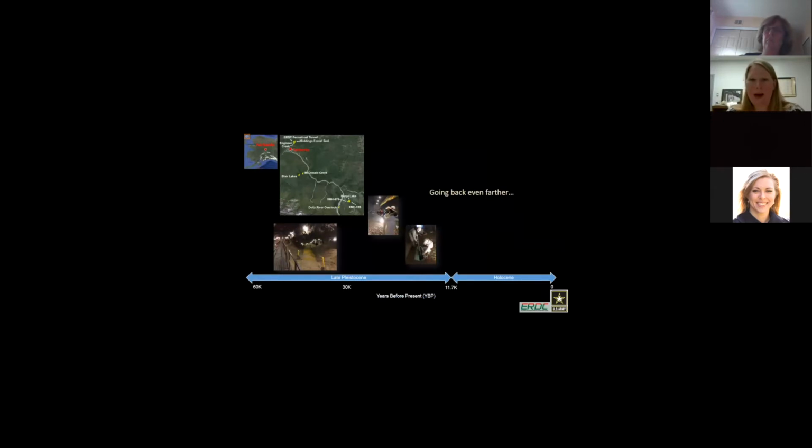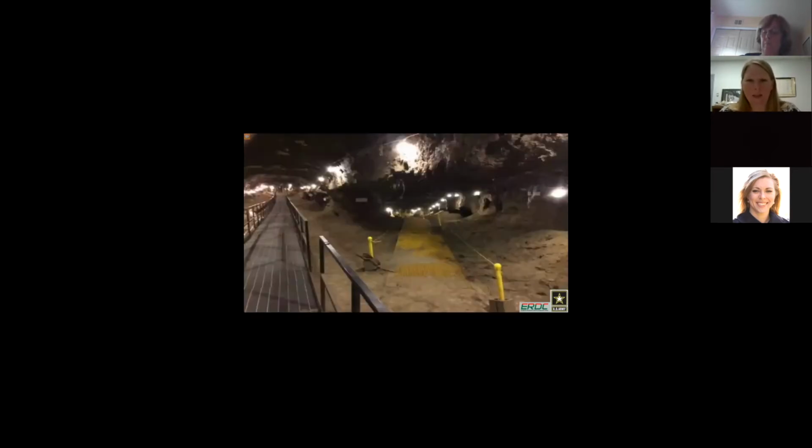So let's go back even farther into the late Pleistocene, and I'd like to share the Utqiagvik permafrost tunnel. Now my geophysicist colleagues, particularly in Alaska, will cringe as I say this. I've had a lot of really interesting discussions with them, but as you walk into it, it's almost like you're going through time in the time frame that we're interested in, at least.